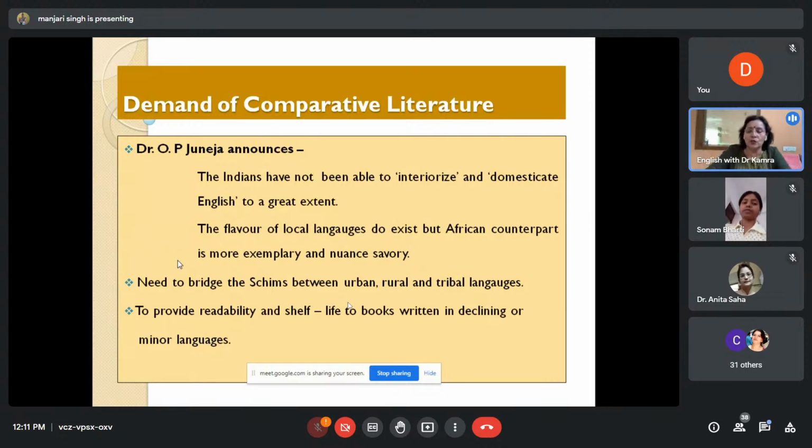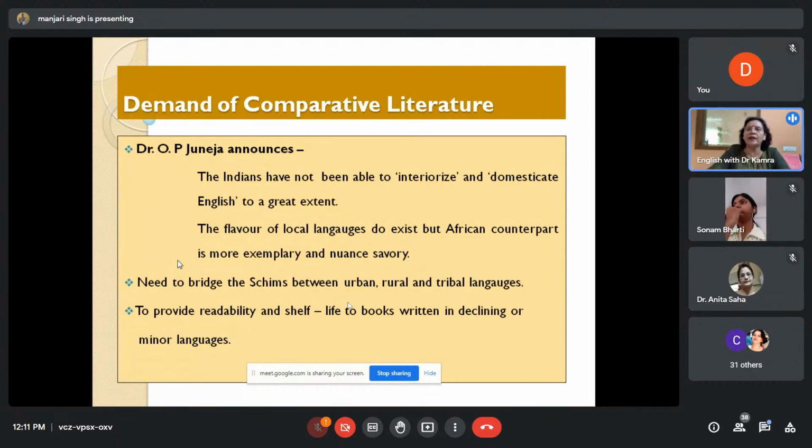Such nuances, such flavors of dedication and commitment to humanity at large, need to be established in Indian literature, which is seen to a larger, richer extent in African literature.